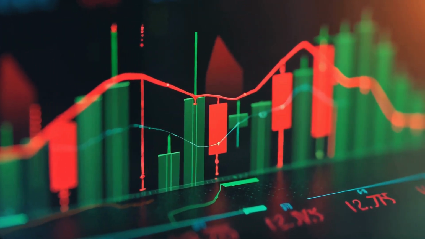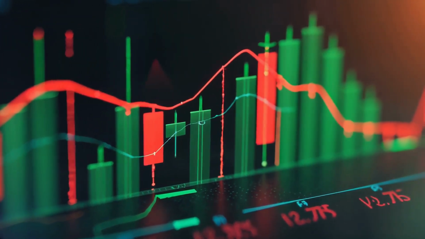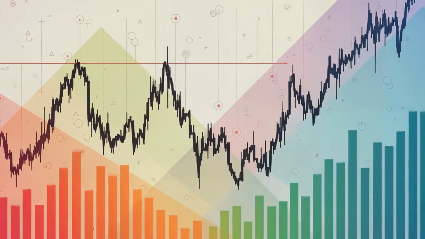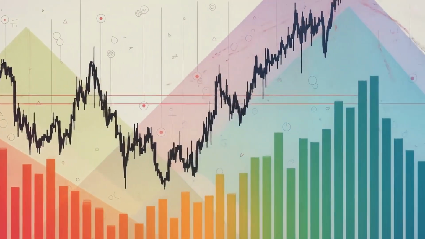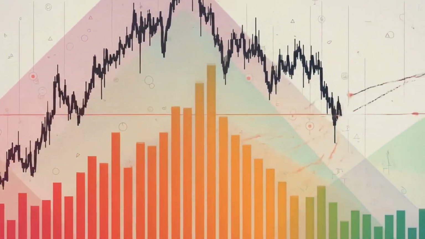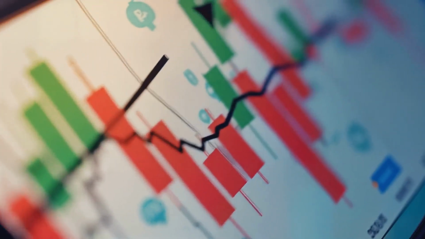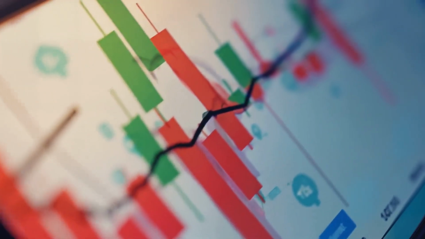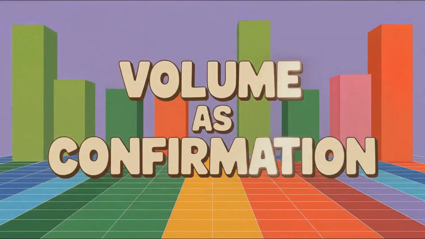Traders often interpret breakouts as bullish signals and consider entering long positions. Conversely, a breakdown happens when a stock price falls below an established support level, typically accompanied by substantial selling volume. Breakdowns indicate bearish sentiment and potential further price declines.